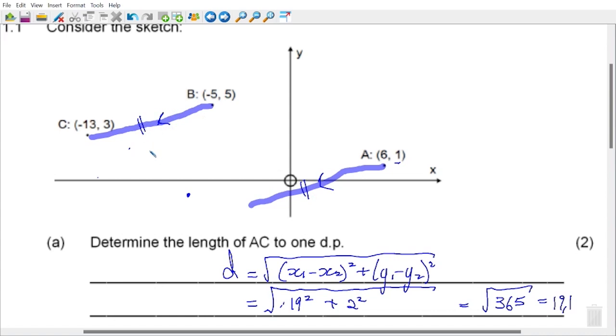As we move from B to C, the x value decreases by 8, so it must decrease by 8 as we move from A to D, from 6 to negative 2. The y value decreases only by 2, so in fact this will be negative 2, negative 1.